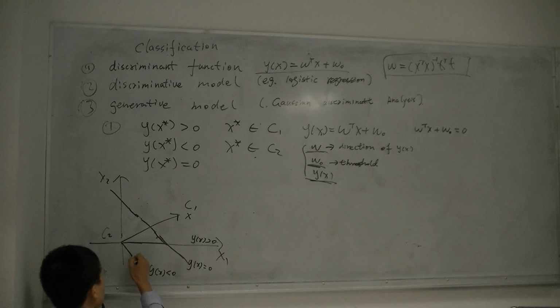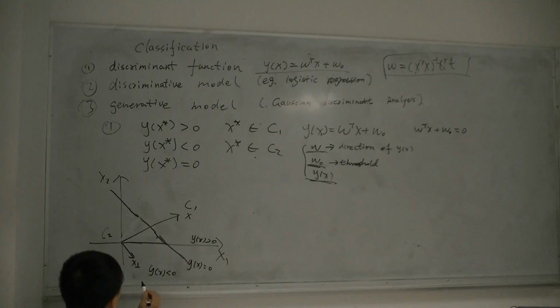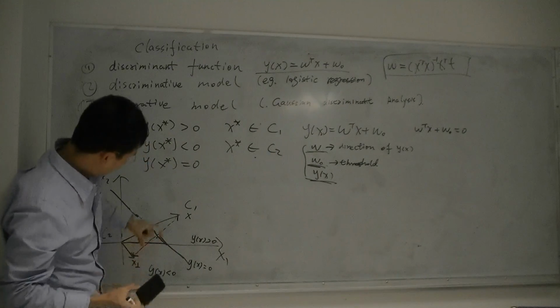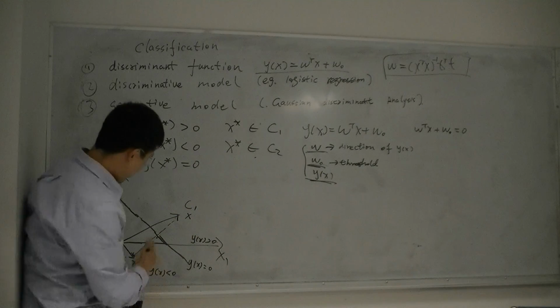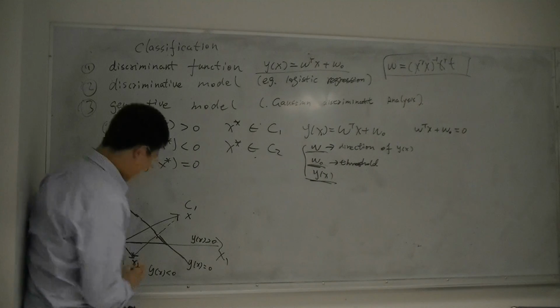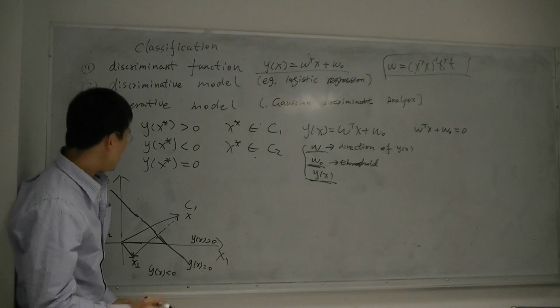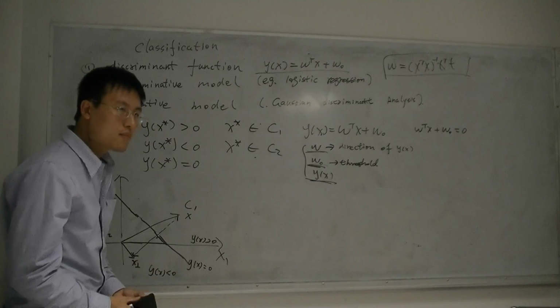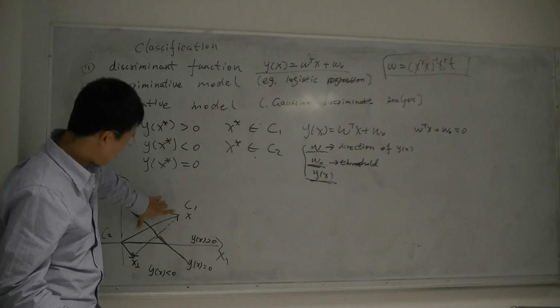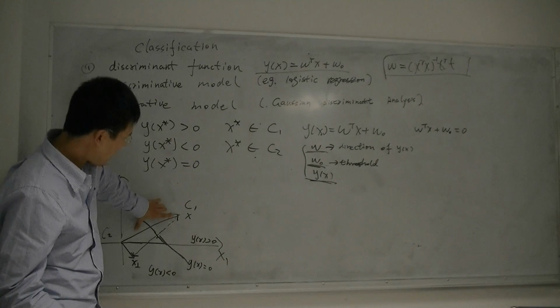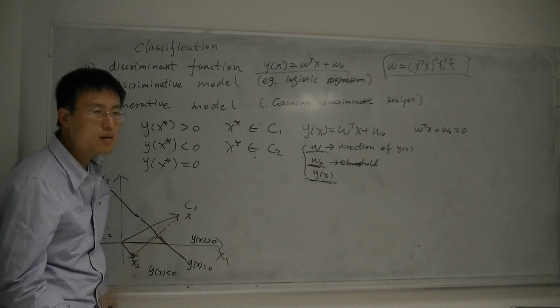We use the notation x orthogonal: it is a perpendicular, or orthogonal, projection of the vector x onto the classification boundary.